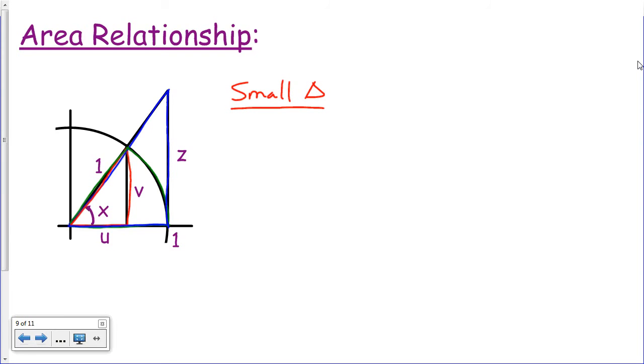So if I've got an angle, an adjacent side and hypotenuse, that sounds like cosine. If I take the cosine of x, that would equal u, the adjacent side, divided by 1, or that's just u. So it turns out that the horizontal leg of that little triangle is equal to u, which turns out to be equal to cosine of x.